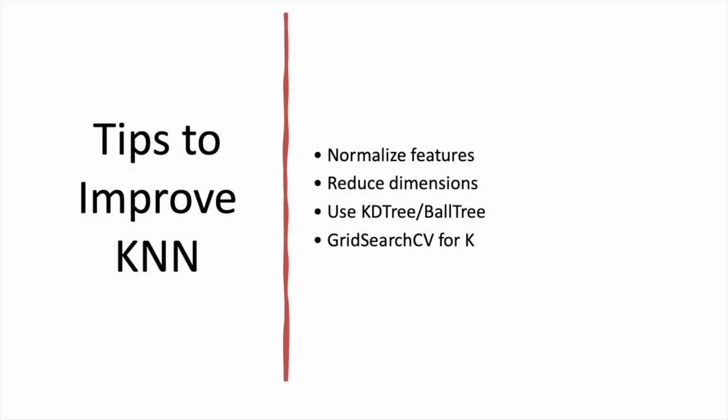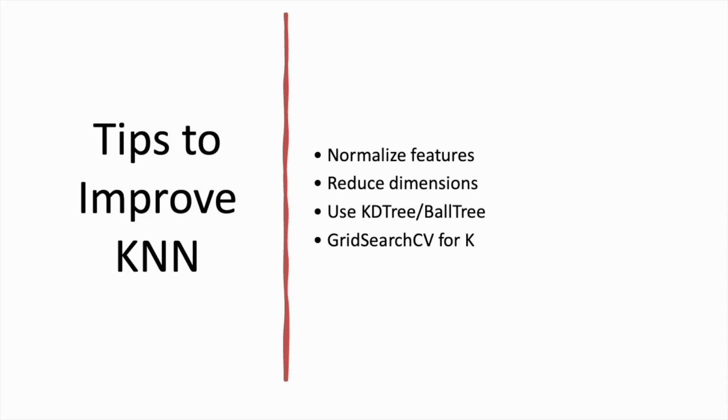A few tips to boost your KNN model's performance. First one is always normalize or scale your features. Unscaled data can mess up distance calculation. Second is consider using PCA, yani principal component analysis, to reduce dimension, especially in large data sets.